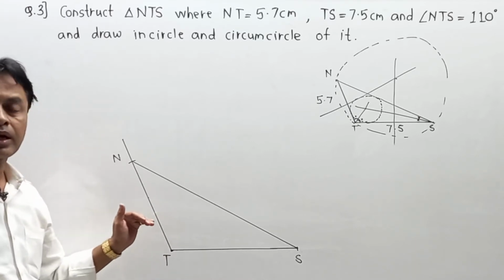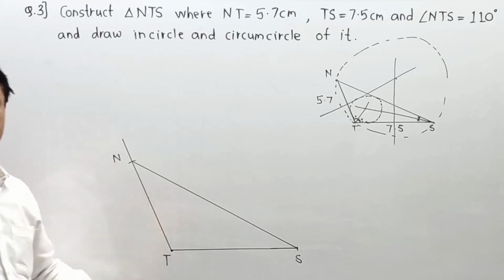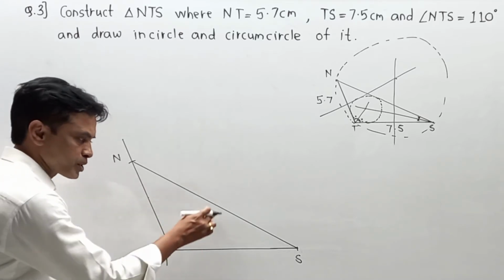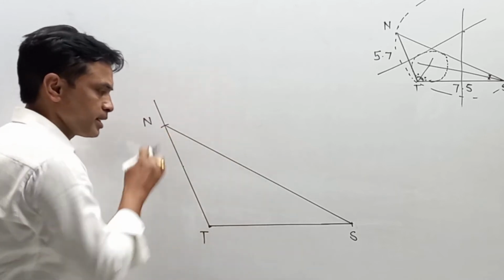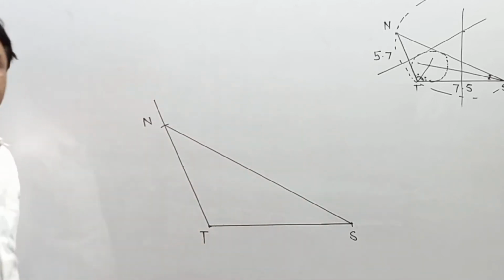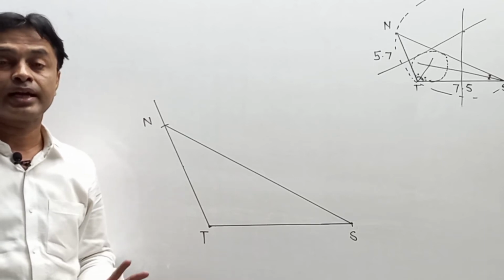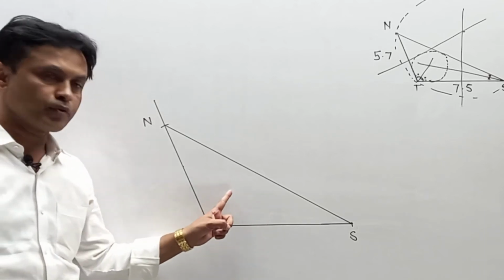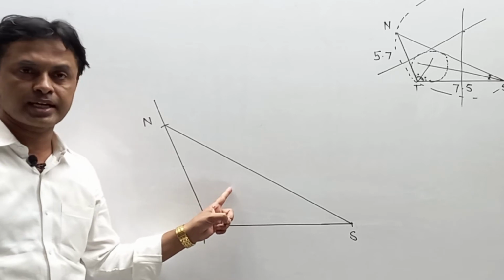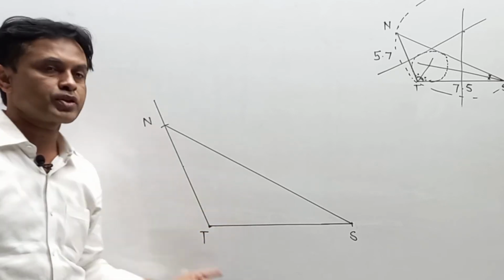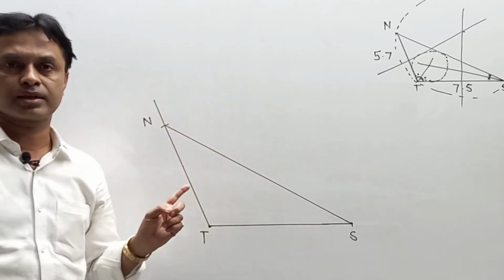Now student, the main construction will start from here. We have to draw first the incircle and then the circumcircle. But in both cases, the center of the circle will be the most important part. And definitely we need two centers. One for the incircle, definitely inside the triangle, and second for the circumcircle, and it is outside the triangle.